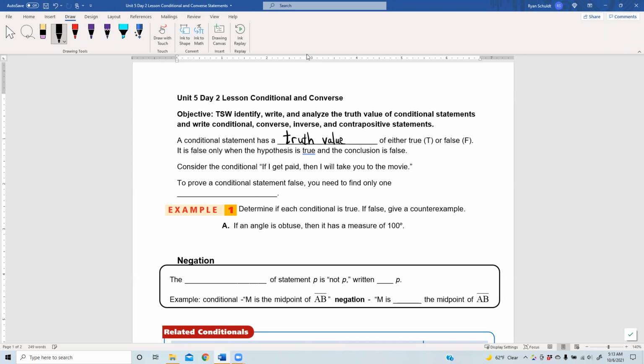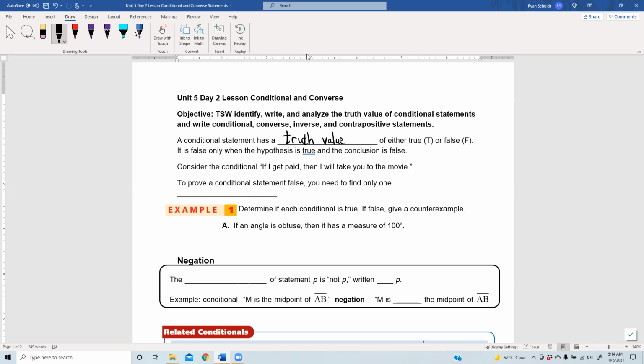So let's consider this conditional statement. If I get paid, then I will take you to the movie. This statement can only be false when the hypothesis is true and the conclusion is false. So chances are I'm going to get paid. That's going to be true. Then I will take you to the movie.